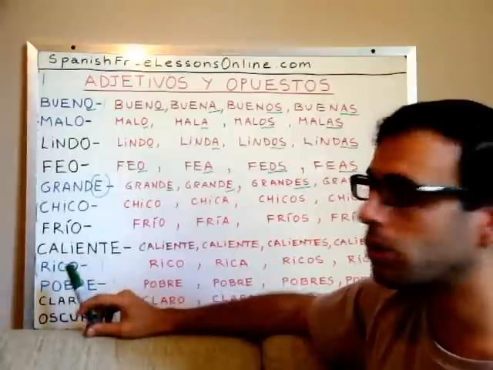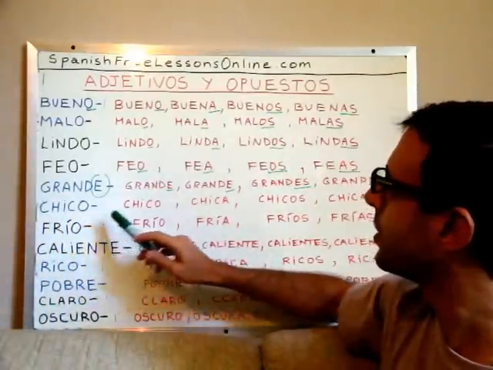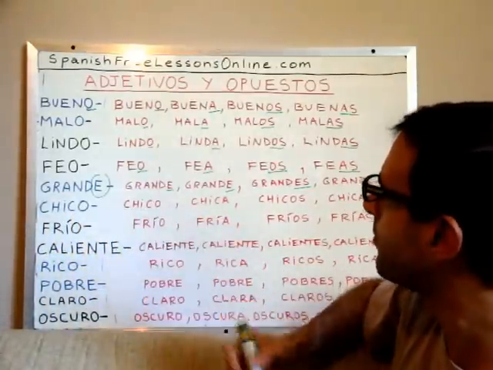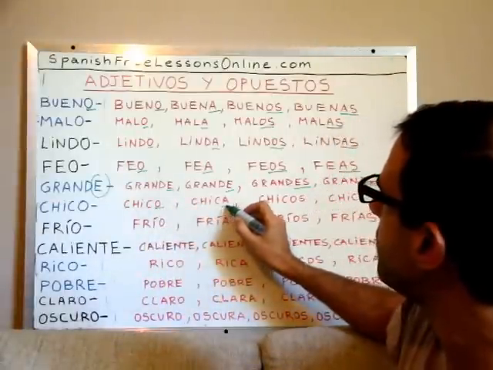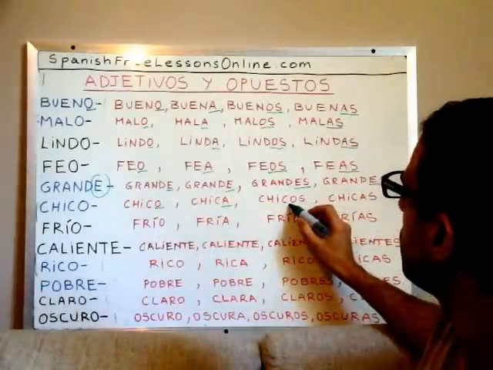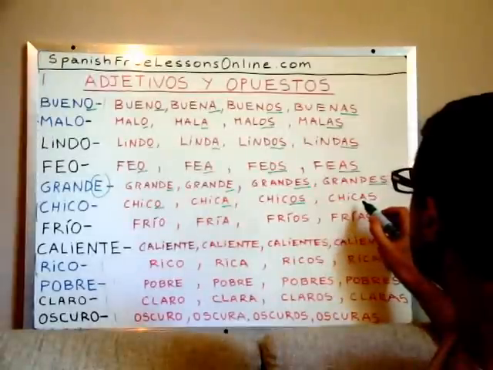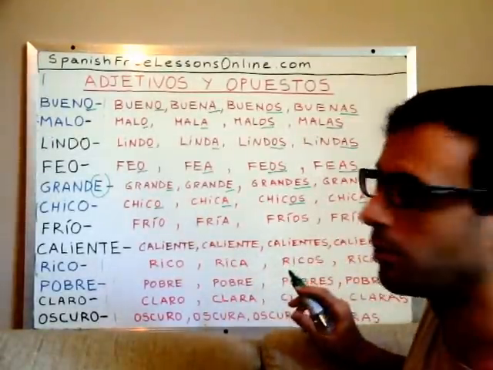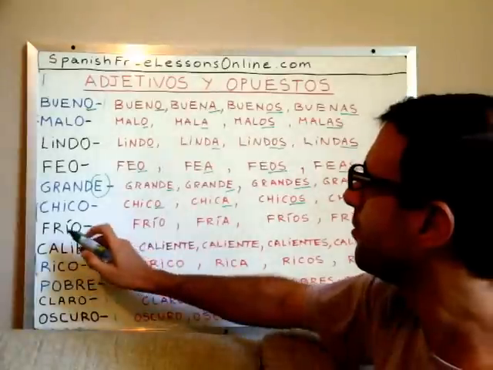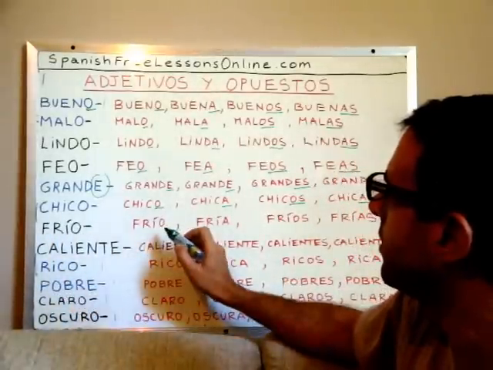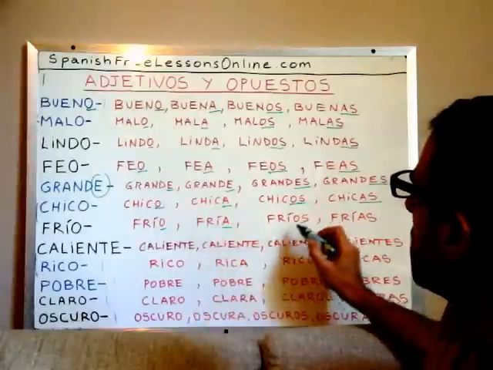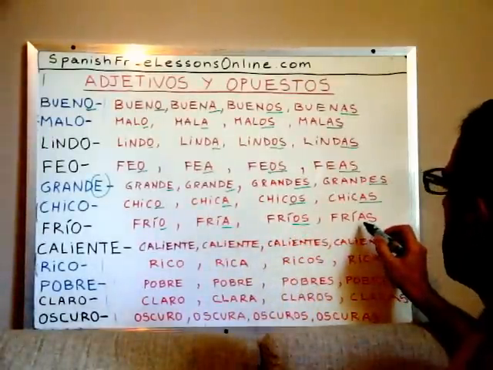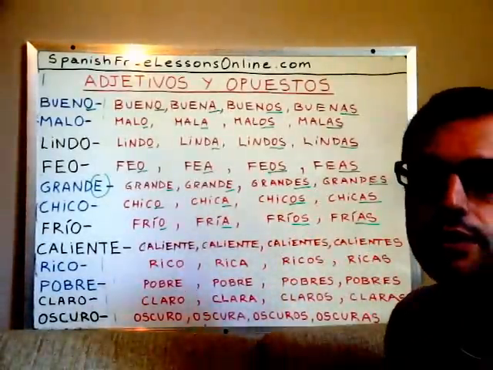Chico for small. Chico can be chico for masculine, chica for feminine, chicos for masculine plural, chicas for feminine plural. Frío or cold can be frío, or fría, or fríos, or frías, right?